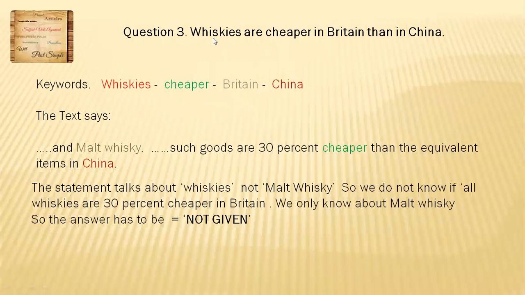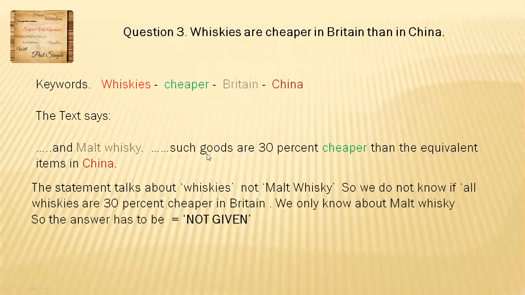Question 3. Whiskies are cheaper in Britain than in China. Whiskies cheaper, Britain, China. Now, in the text it says malt whisky. Such goods are 30% cheaper than the equivalent items in China.